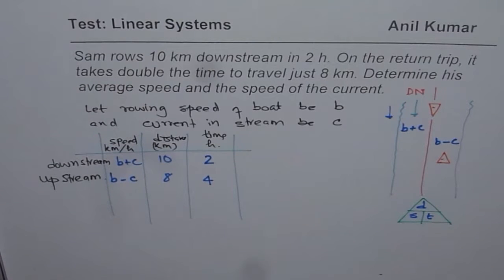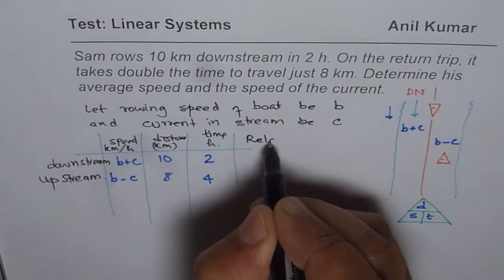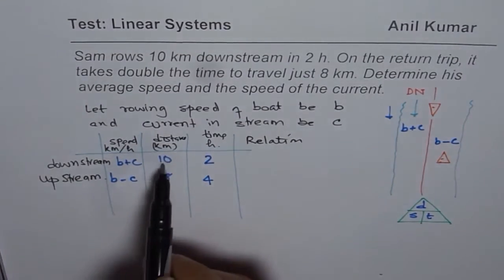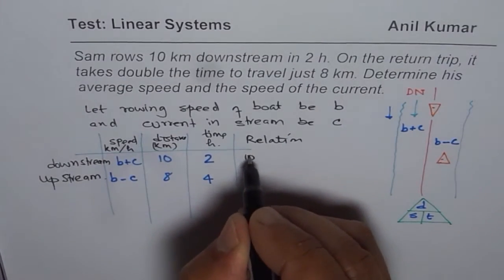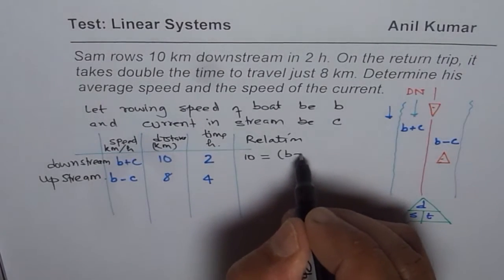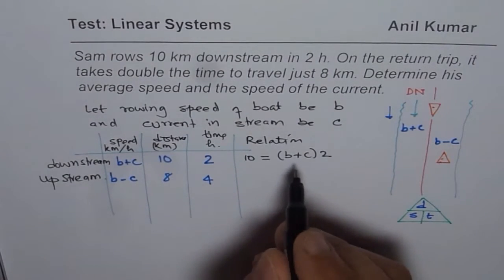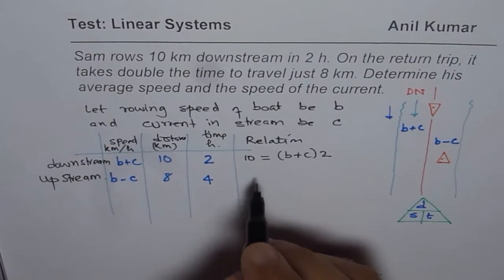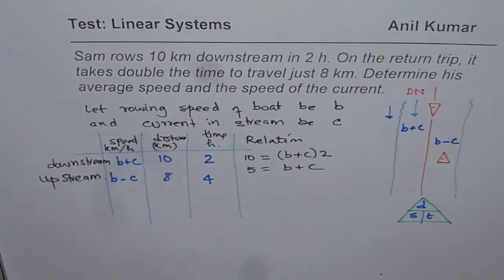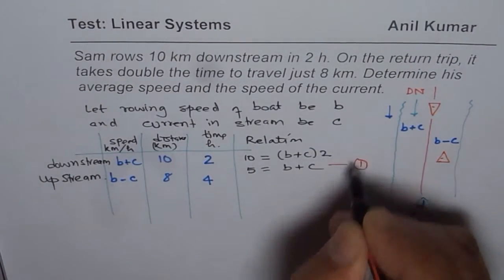So we will use this relation here, which for us is an equation. Distance 10 equals speed into time, that means B plus C times 2. That is the first equation, which you could simplify by dividing by 2, so you get 5 equals B plus C. Let me call this equation number 1.